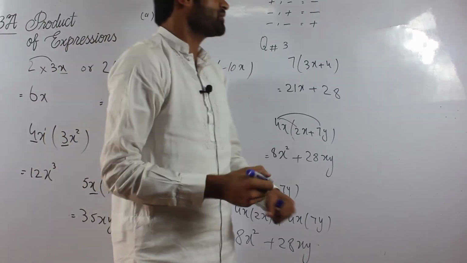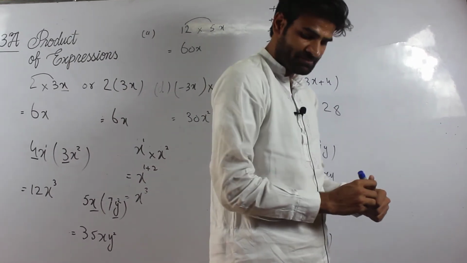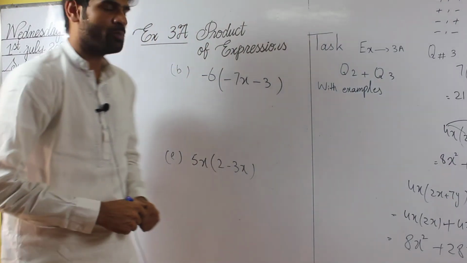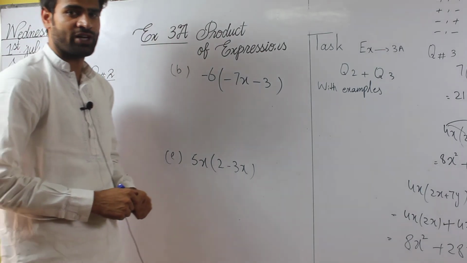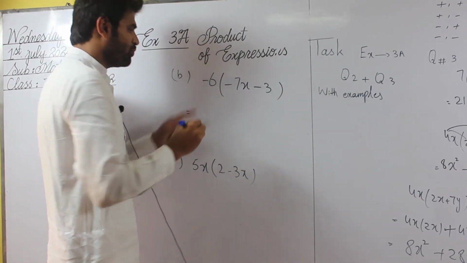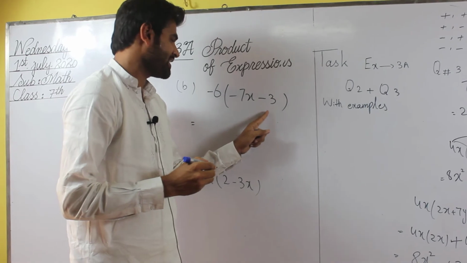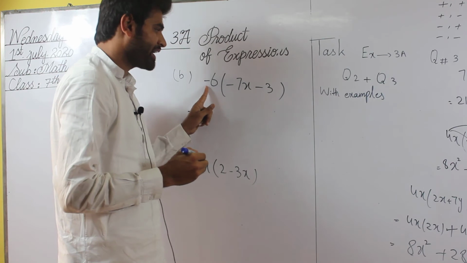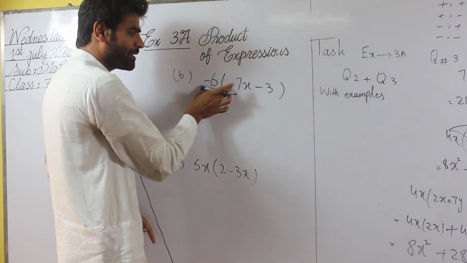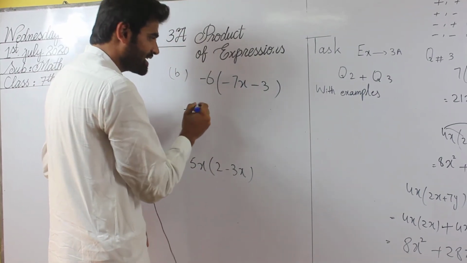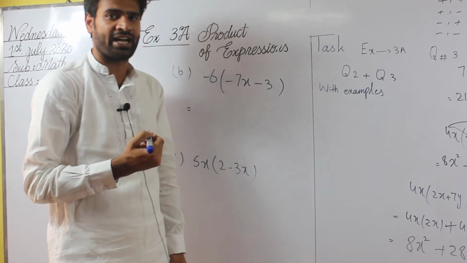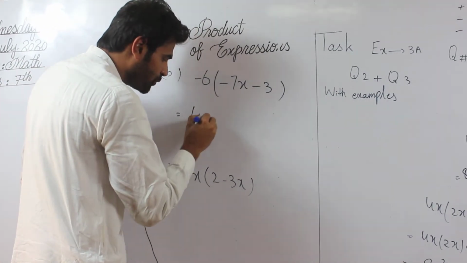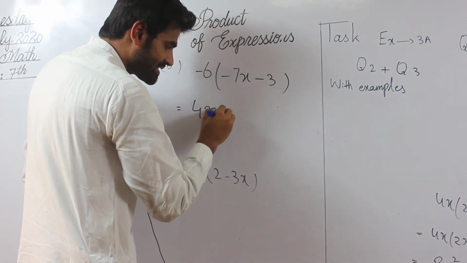Now I take 2 or 3 parts from the exercise. I take 2 parts from exercise 3a, question number 3. First, minus 6 into minus 7x minus 3. First we multiply minus 6 with minus 7x. Then we multiply minus 6 with minus 3. So first we multiply their signs, minus minus plus, and for the first term we don't need to mention the positive sign. 6 7s are 42 and its variable x, a single variable.